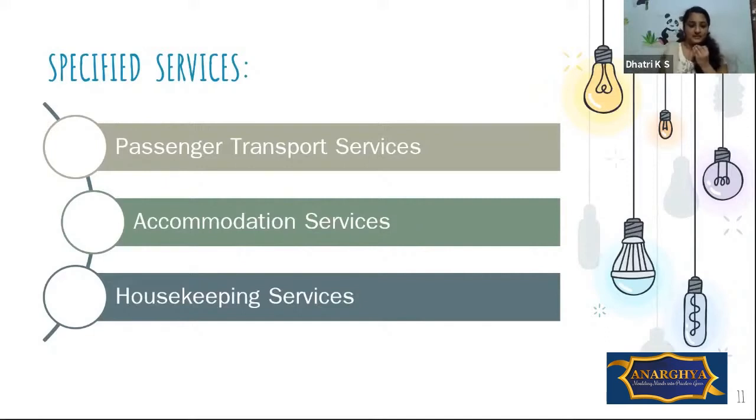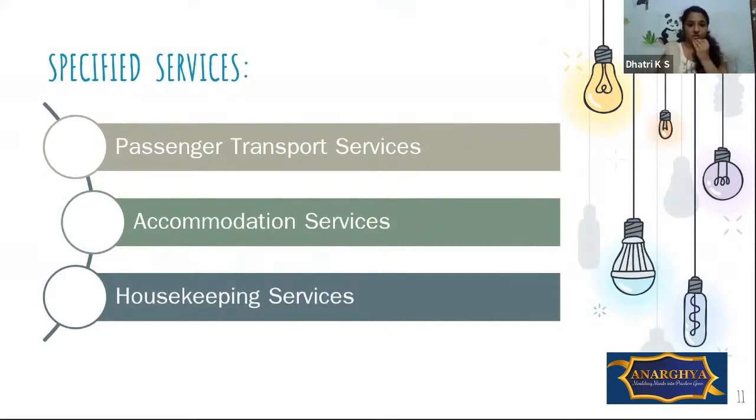Next, the third specified service is housekeeping service. Housekeeping services like plumbing, carpeting, etc. are covered under Section 9, Subsection 5. Again, if and only if the supplier is not liable to get himself registered under Section 22, Subsection 1 of the CGST Act 2017.